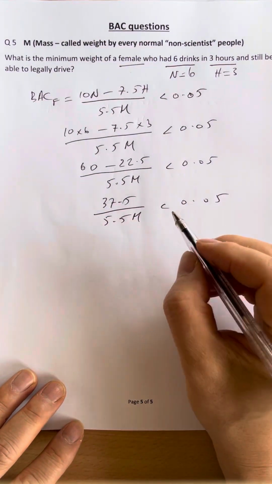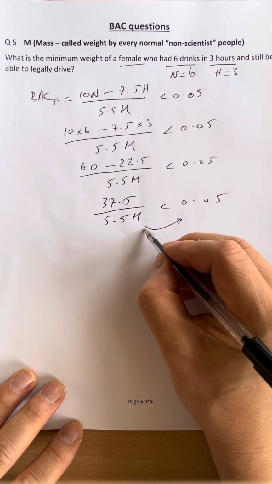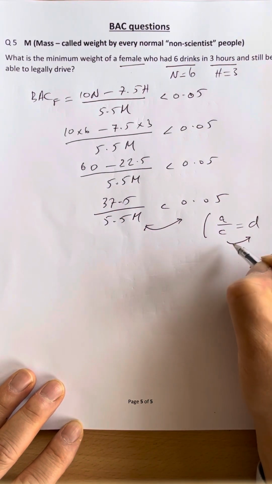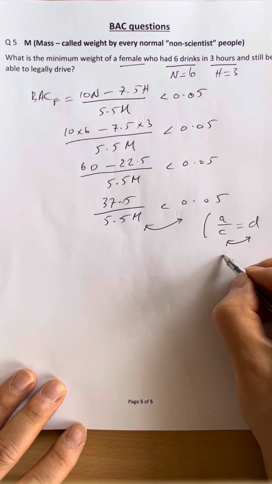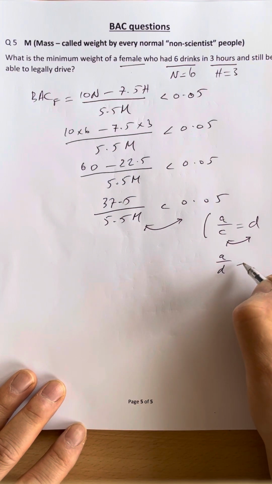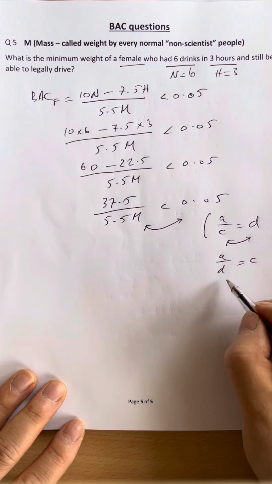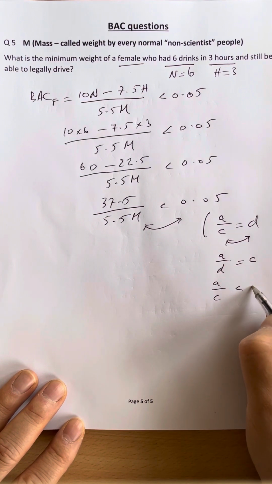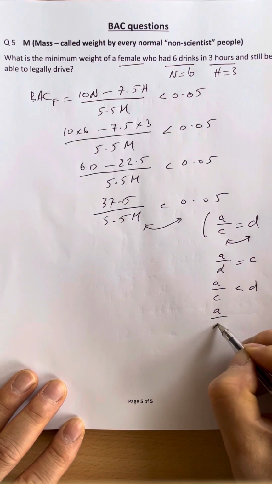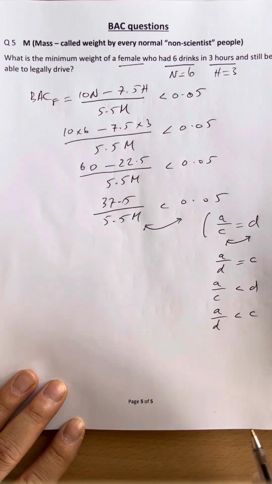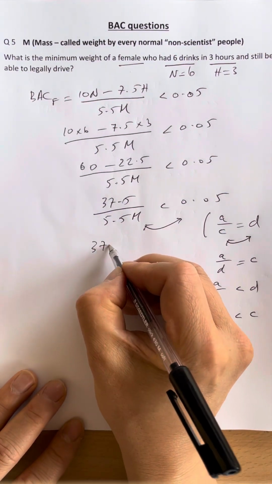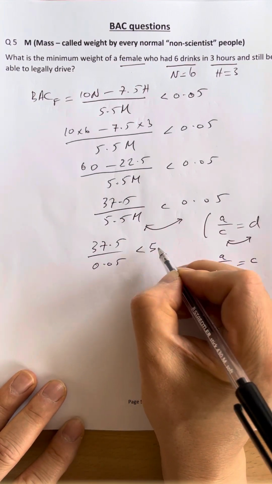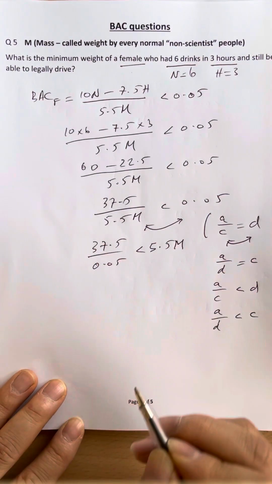Then you can also interchange these two. So if you have A over C equals D, a nice trick is you can interchange the C and the D. So A over D is equal to C. And it works for inequality as well. So A over C is less than D. That means A over D is less than C. So you go 37.5 divided by 0.05 is less than 5.5M.